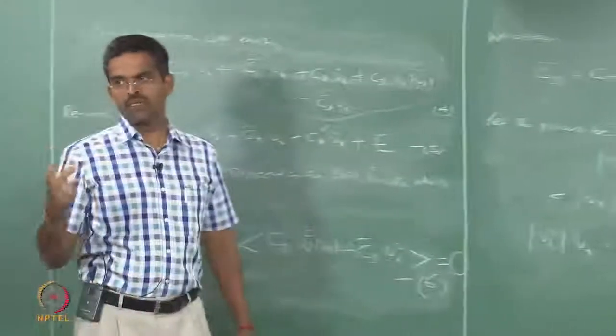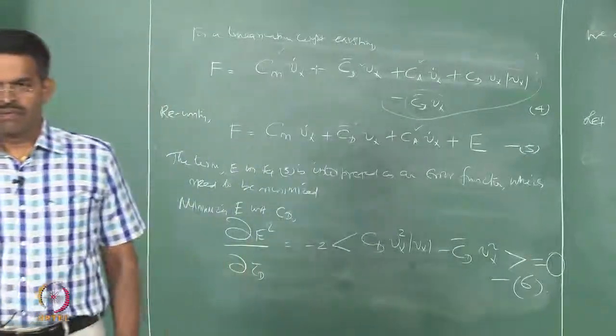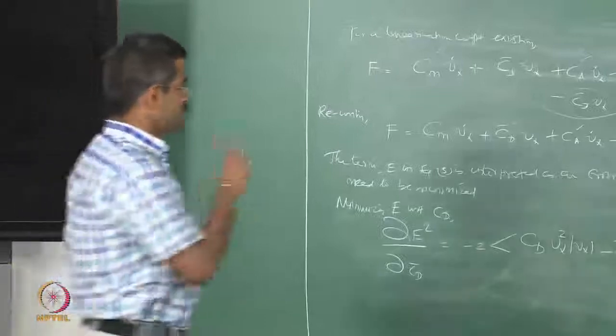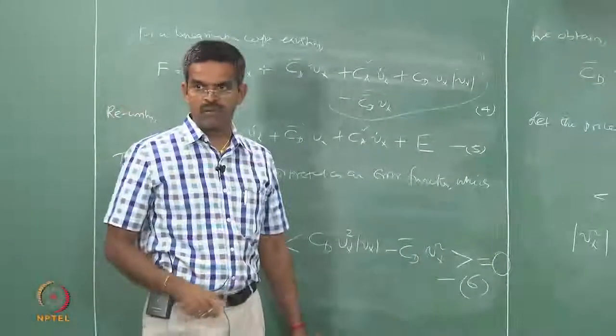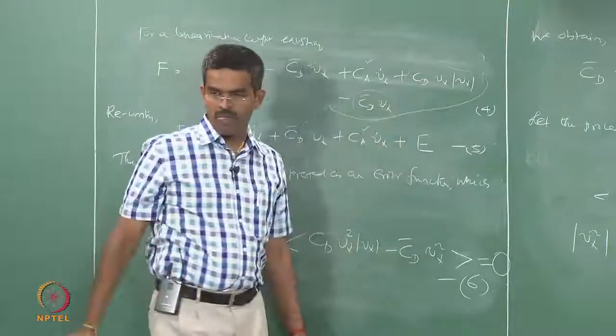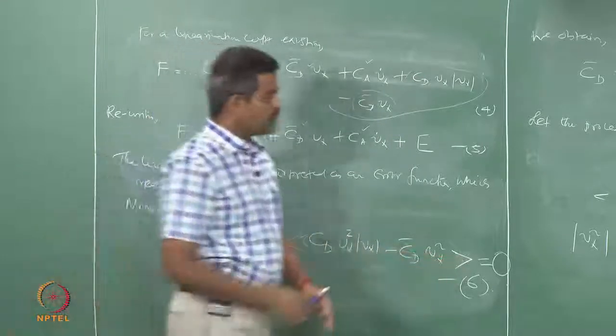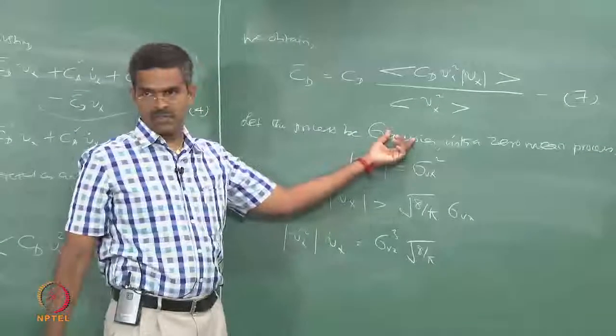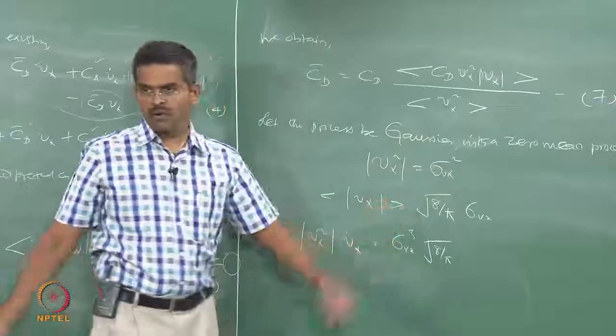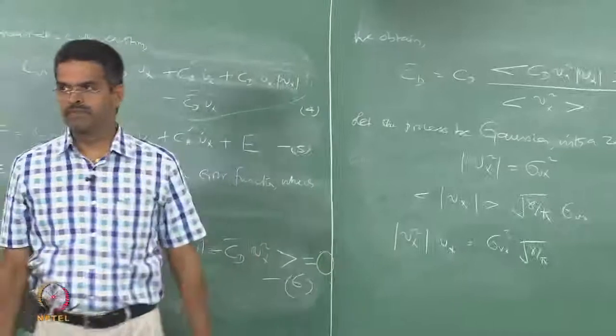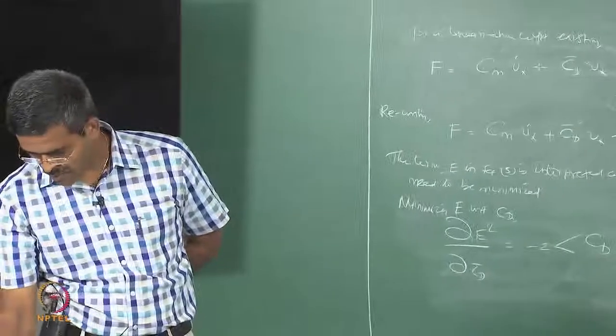Now, sigma Vx actually is a number for a given process, whereas Vx is not a number, Vx is actually a velocity term which is a time weighted value, whereas this is a constant value for a Gaussian process. So, cubing anything is not a problem, simply a number. So, simply cube this and multiply this with root 8 by pi.